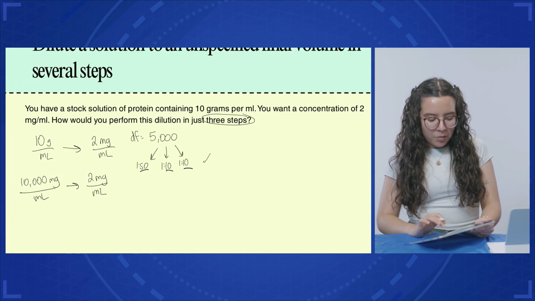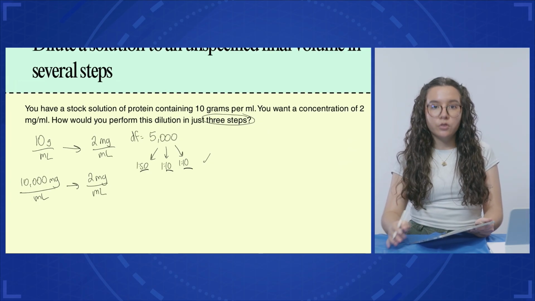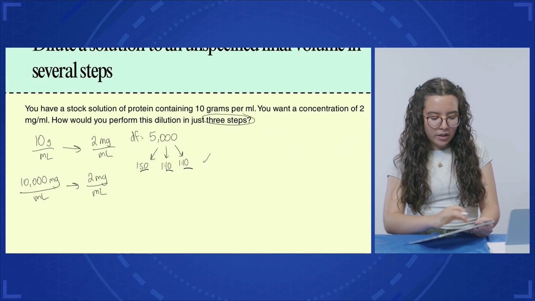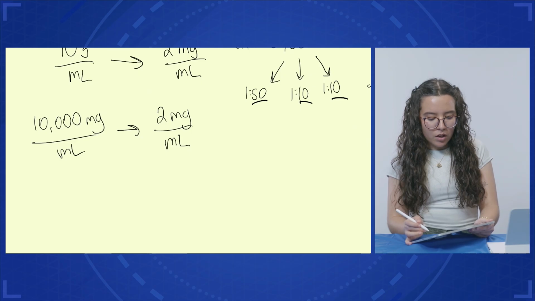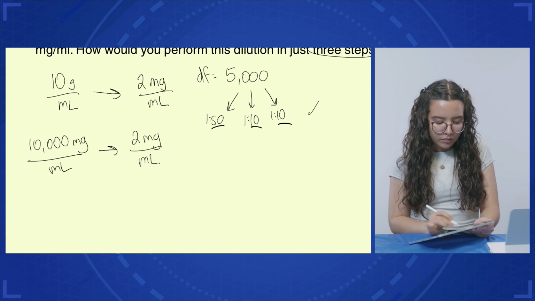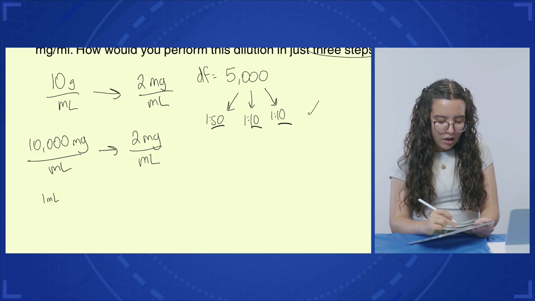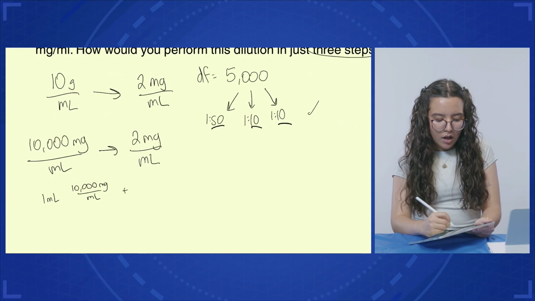So now from here, it's just a matter of how we will actually be performing this. Now we know what the different dilution steps are, but let's see. So we have 10,000 milligrams per milliliter, and we want to do a 1 to 50 dilution. One way to do this is we just go ahead and grab 1 milliliter of our 10,000 milligrams per milliliter solution, and then we're going to add 49 milliliters of our diluent.